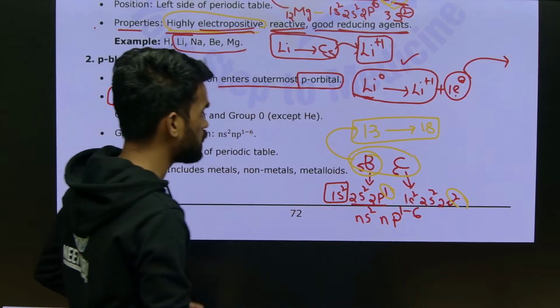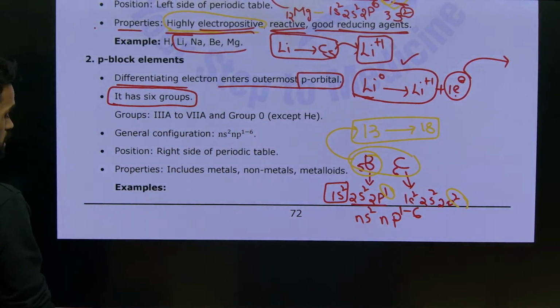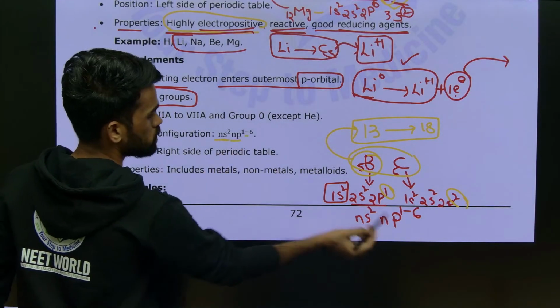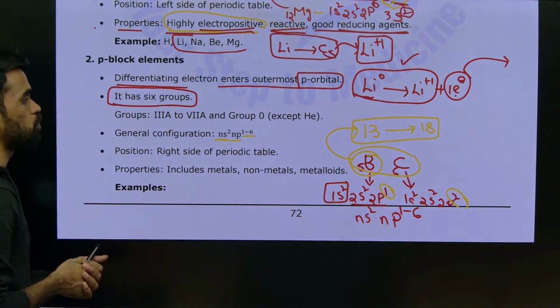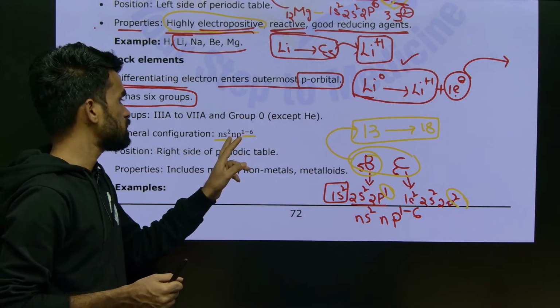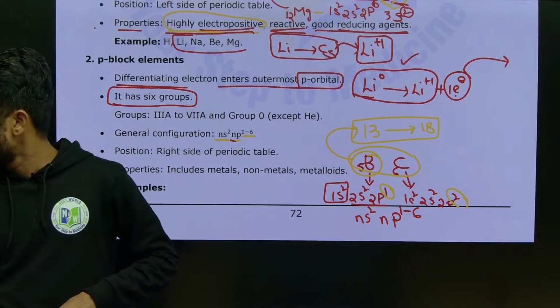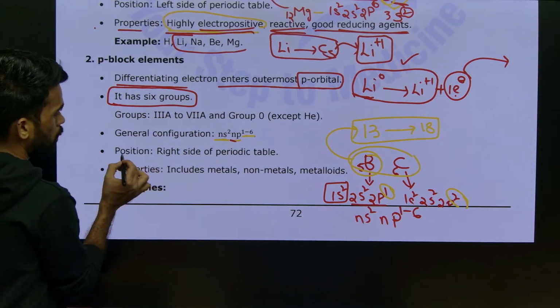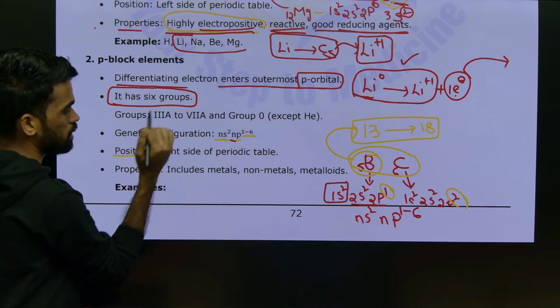You can simply write it as ns2 np1-6, depending upon the group number it can be 1, 2, 3, 4, 5, 6 in these np orbitals. That's it.